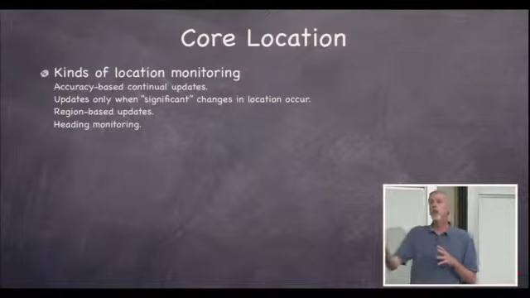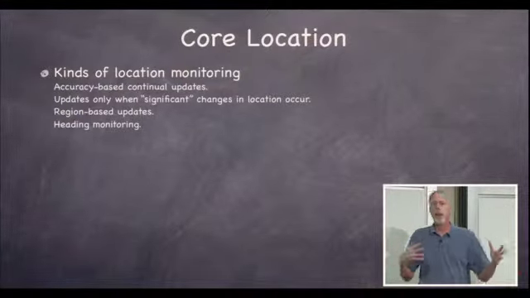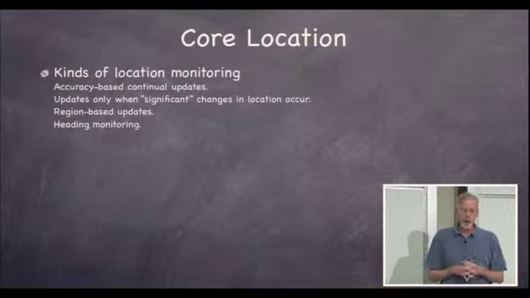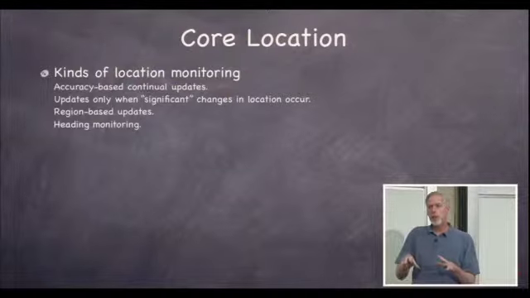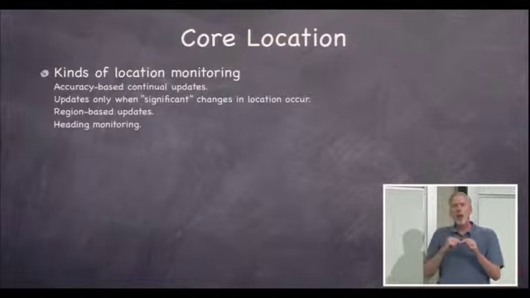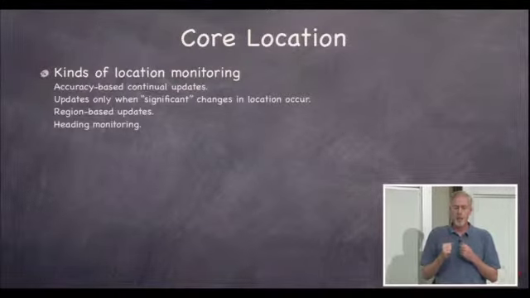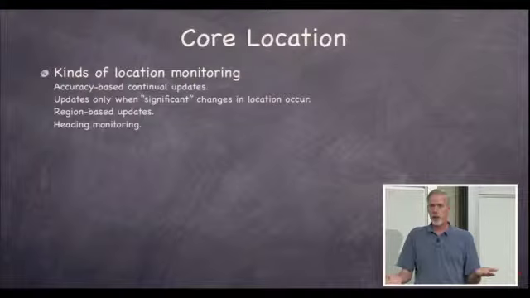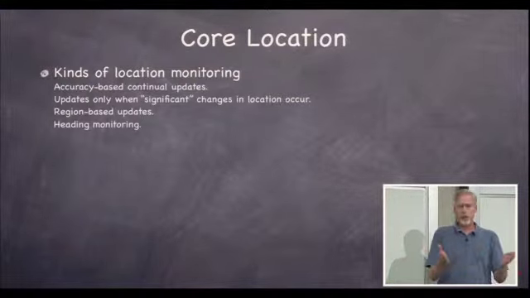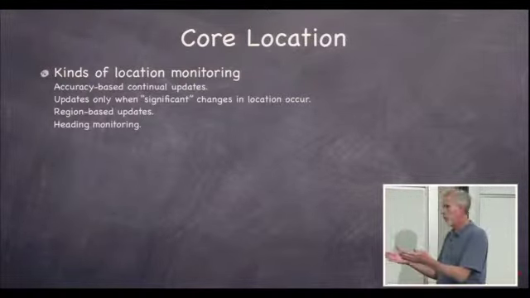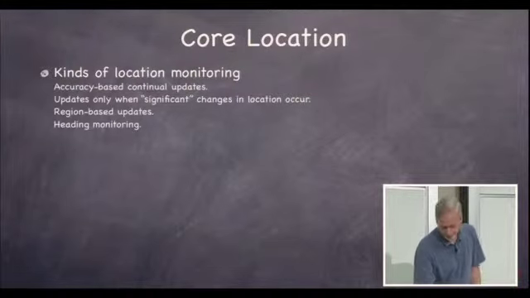This is basically moving to different cell towers, okay, that level. And there's something really cool about that kind of updating. Then there's also region-based updates where you define a region on Earth, and when the person crosses into that region, you get an update. And then, of course, there's heading monitoring too. It'll just report when the person turns their device pointing in a different direction.